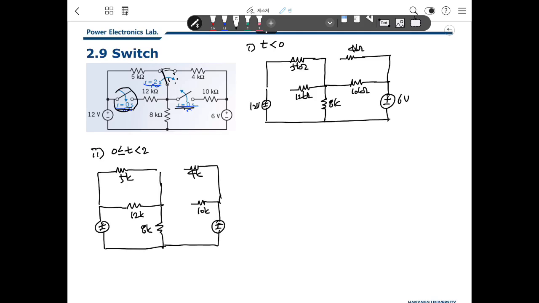Then when T is larger than 2, this is open.